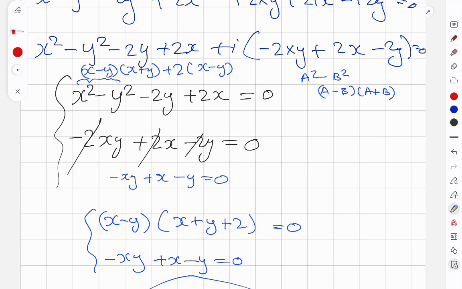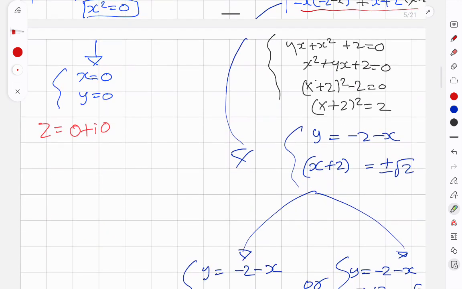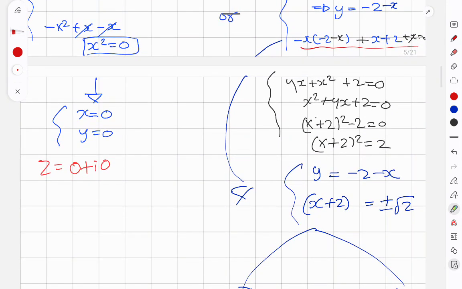I just substitute x over here, so I got this expression, and finally you will reach, y squared plus 2y minus 2y plus 2 minus 2 is equal to 0, and so on.